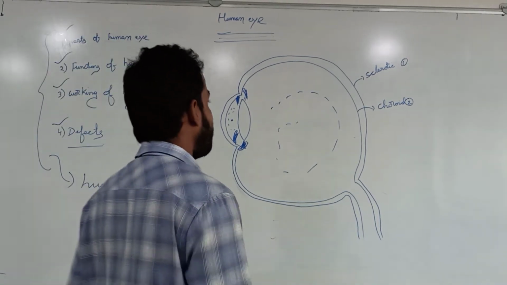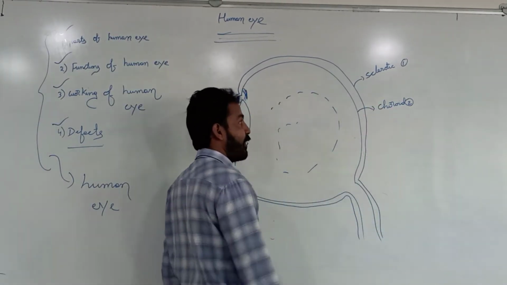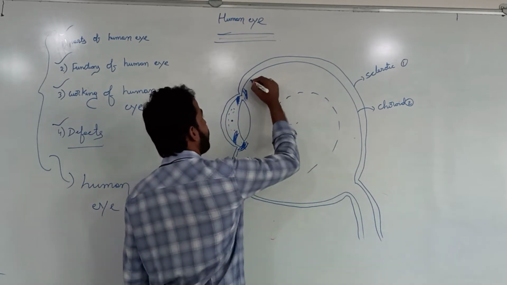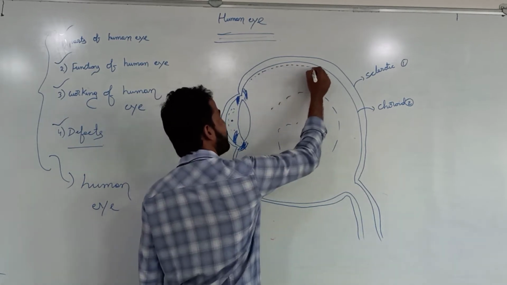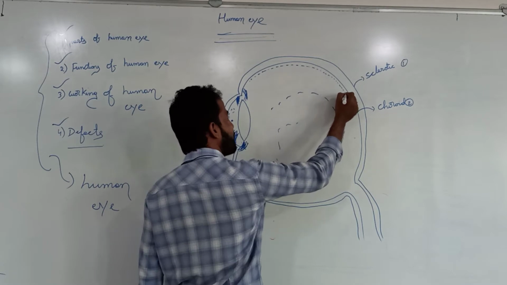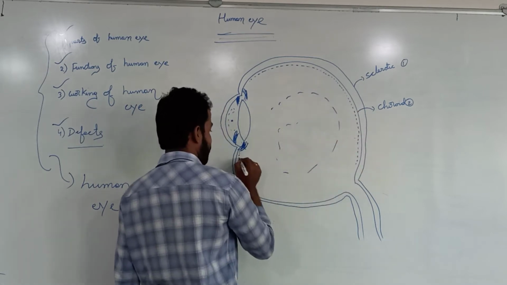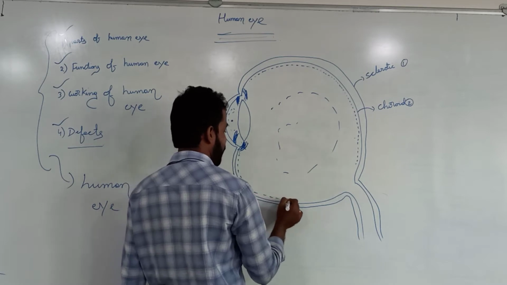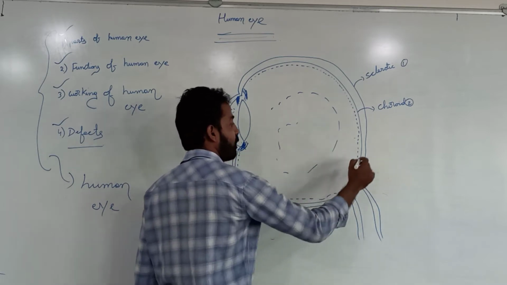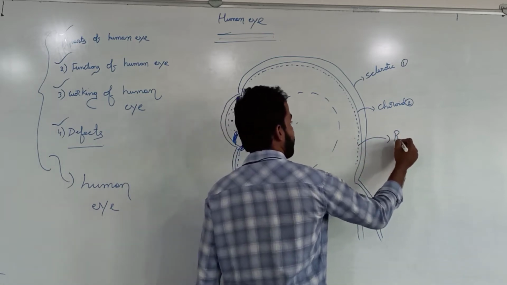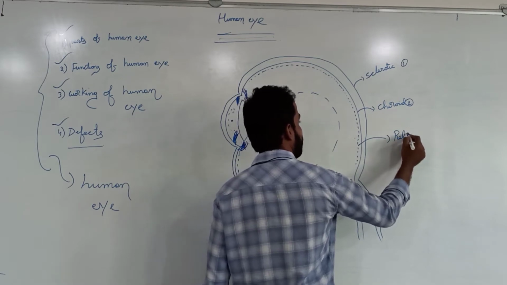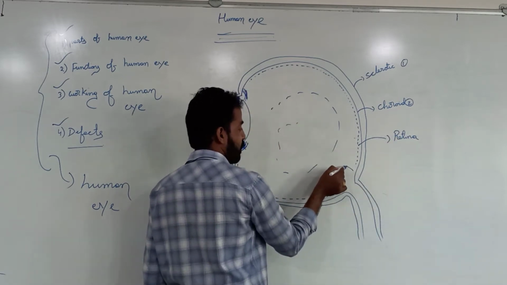The second part of the eye is choroid, and there is one more layer here. We call that part the retina.